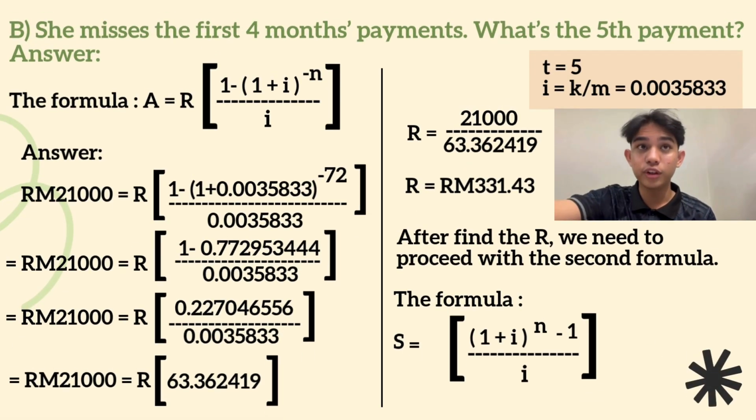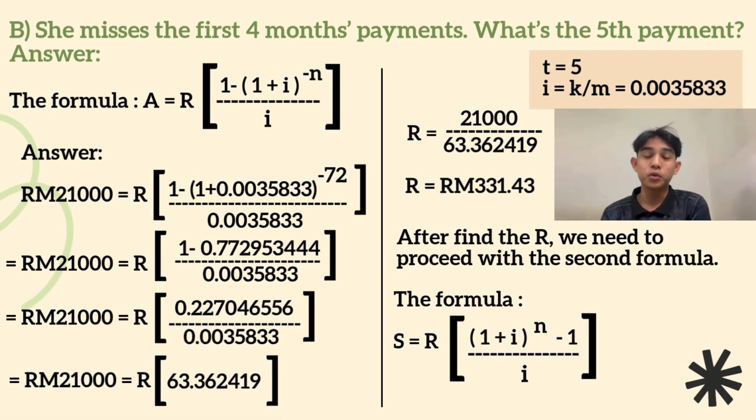Let's proceed to question B. The question is, she missed the first 4 month payments. What is the 5th payment?